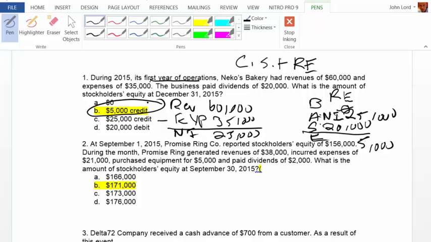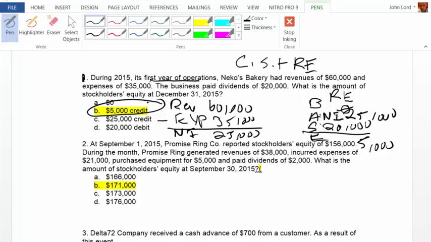Let's try another one. September 1st, 2015, Promise Ring reported stockholders' equity of 150,000. During the month, Promise Ring generated revenues of 38, incurred expenses of 21, purchased equipment for 5,000, and paid dividends of 2. What is the amount of stockholders' equity?